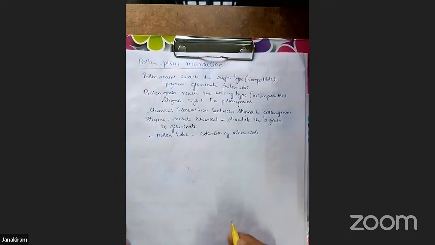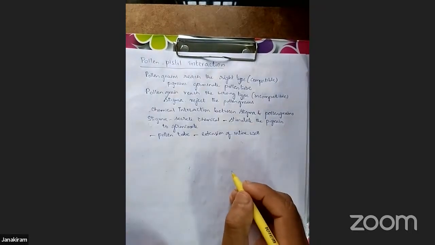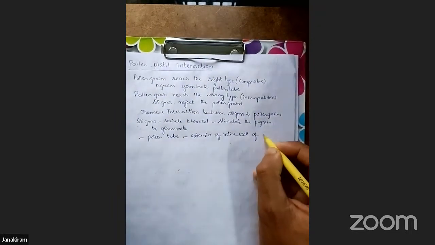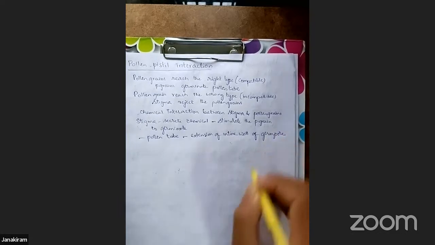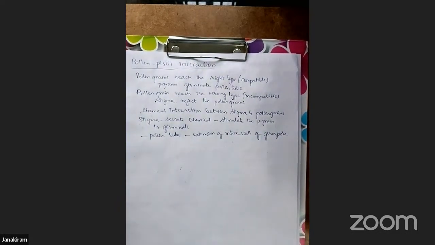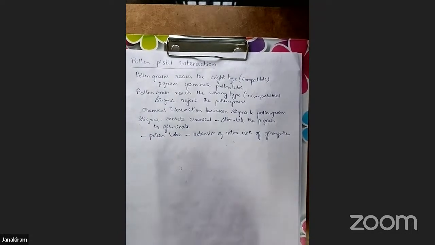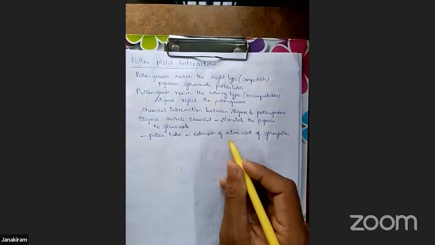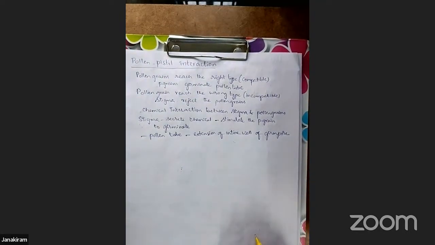Generally, through which structure does the pollen tube form? It is through the germ pore region. We already discussed in the earlier classes, germ pore is a region of exine where the sporopollenin is not deposited or is absent. Through that thin area, the intine wall will extend and form into a pollen tube.